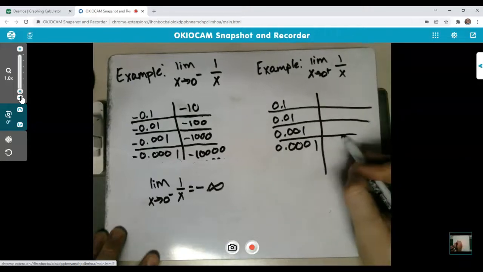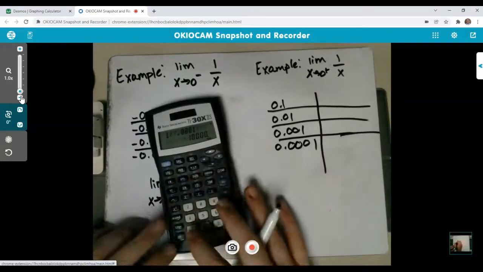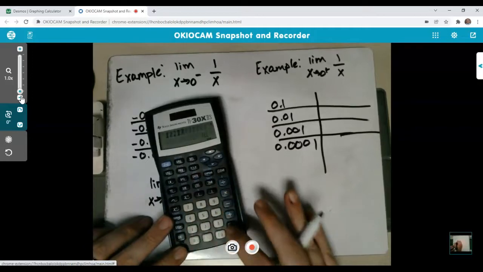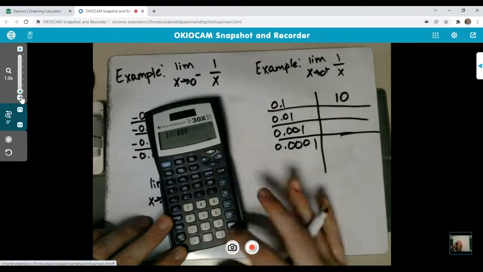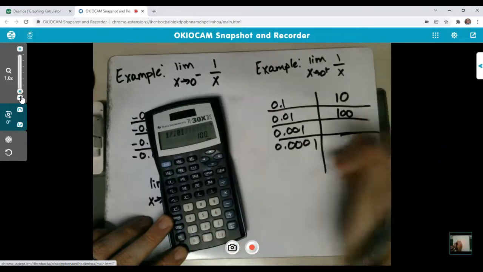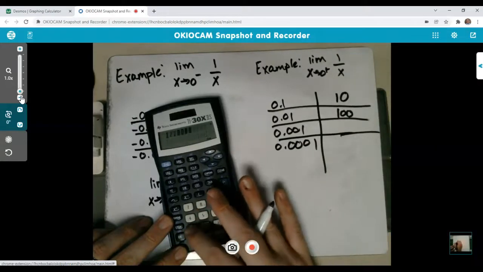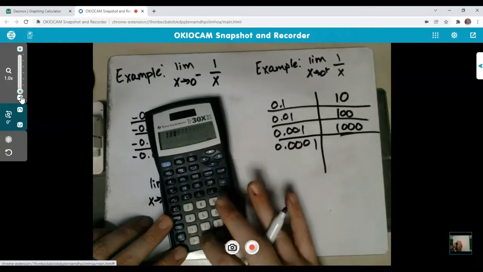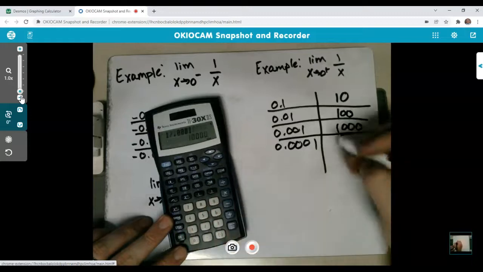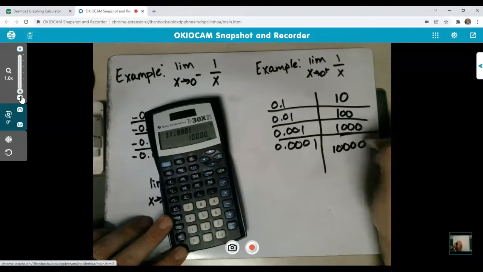See what happens when I plug in those. 1 divided by 0.1 is 10. 1 divided by 0.01 is 100. 1 divided by 0.001, you can guess, is 1,000. 1 divided by 0.0001 is 10,000.